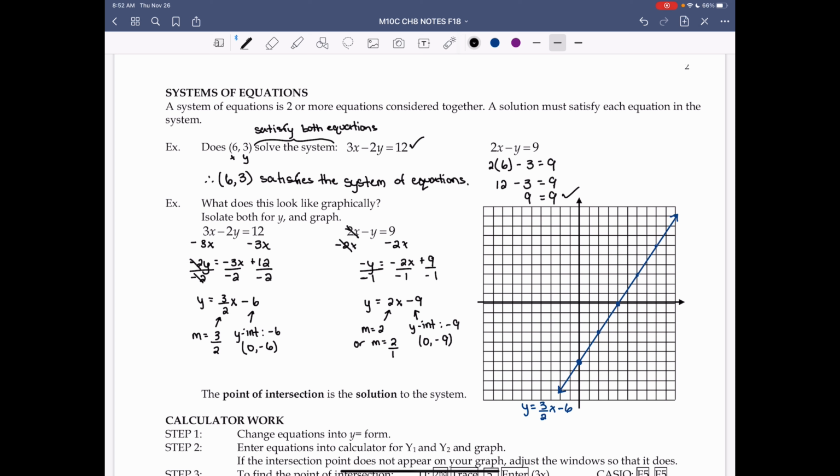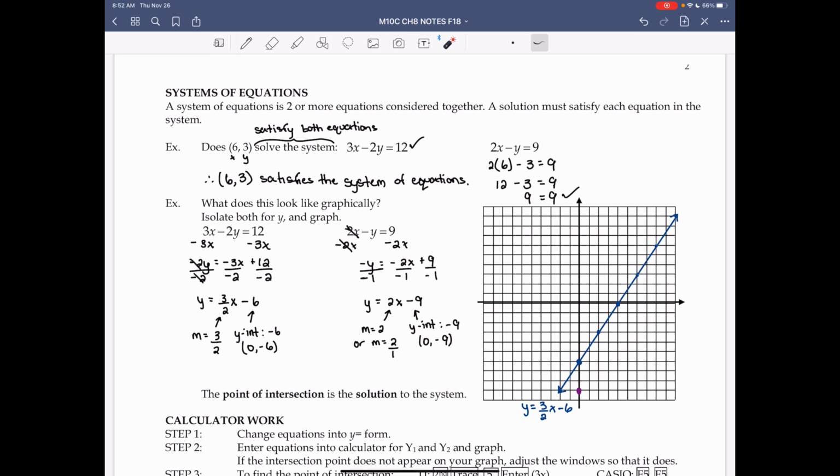Plot the y-intercept, 0, -9, so on the y-axis go down 9 and put a point. Then our slope is 2/1, so it's positive again. We're moving up as we go to the right.